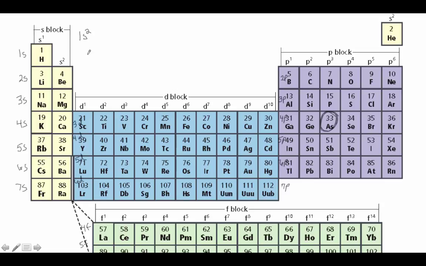All right, we're not at our element yet, so I'm going to go to the next row. 2s2. I'm going to go over here to 2p6. I'm still not at the element that I'm looking for, so I'm going to go down to the next row. 3s2, 3p6.